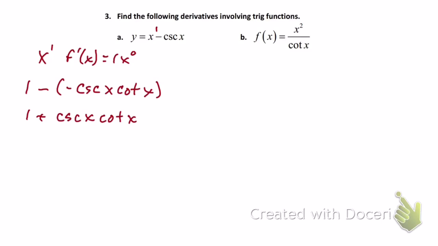If you needed to manipulate that somehow, you could. I don't see any reason to right now. You could say cosecant's 1 over sine and cotangent's cosine over sine. You could manipulate that, but that is the derivative right there.